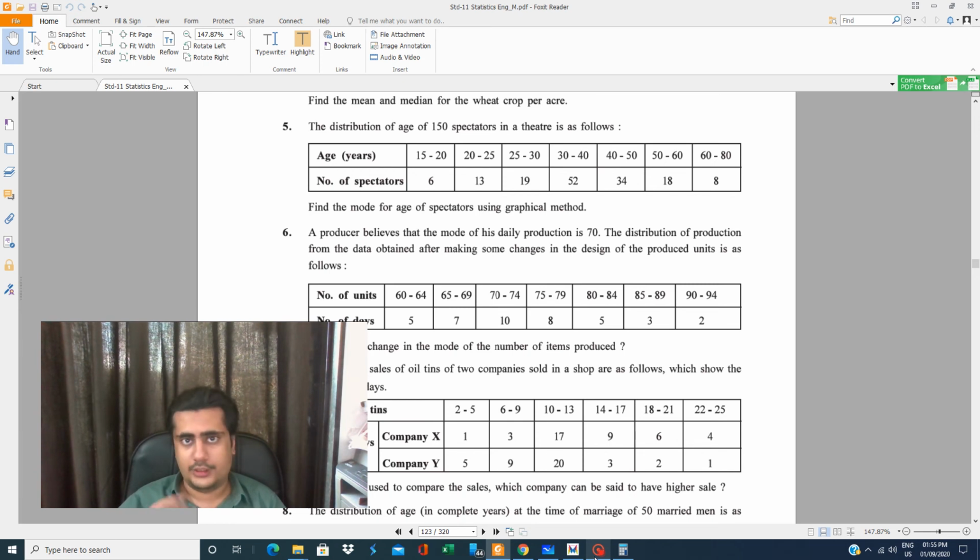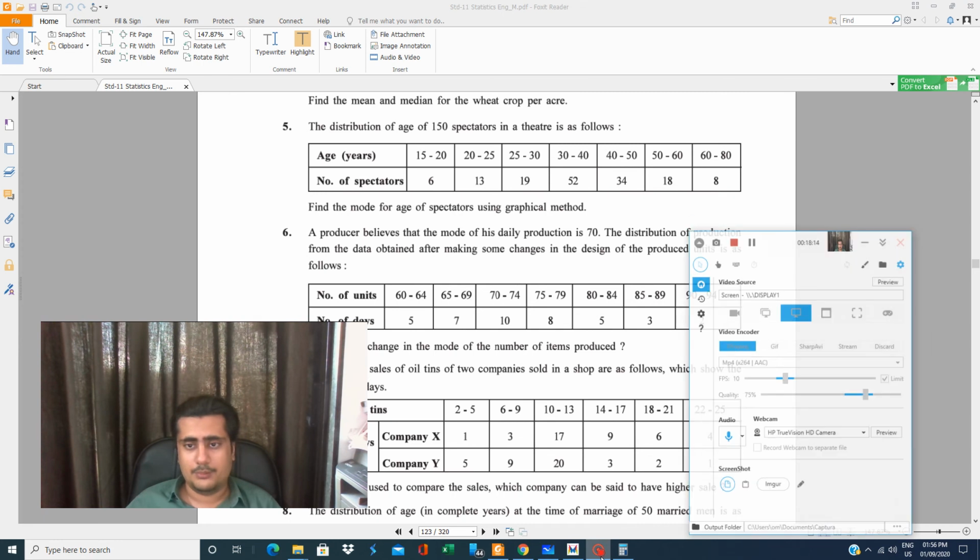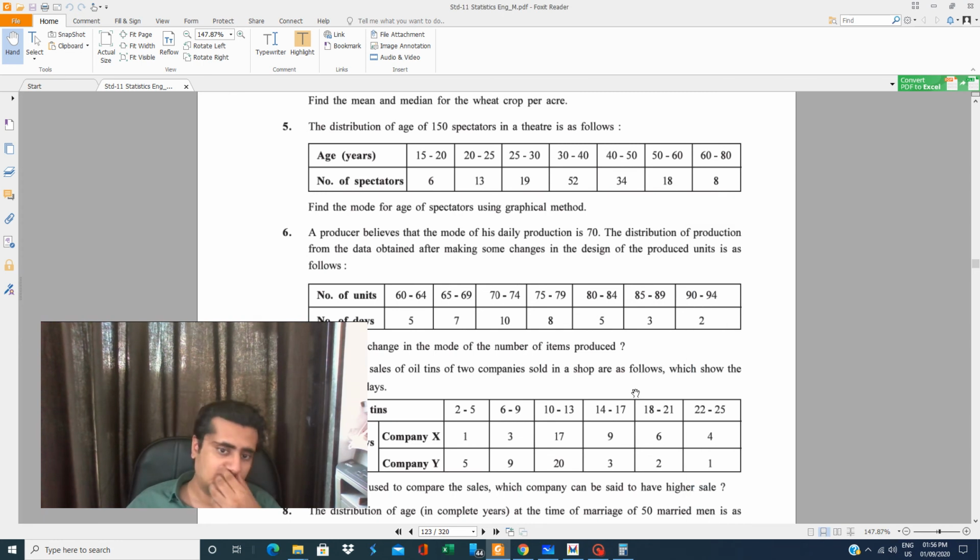Now he makes some changes in his design, and he gives you data like this: number of units 60 to 64, 65 to 69, 70 to 74, 75 to 79, 80 to 84, 85 to 89, 90 to 94, and number of days 5, 7, 10, 8, 5, 3. And he asks you, is there any change in the mode of number of items produced?